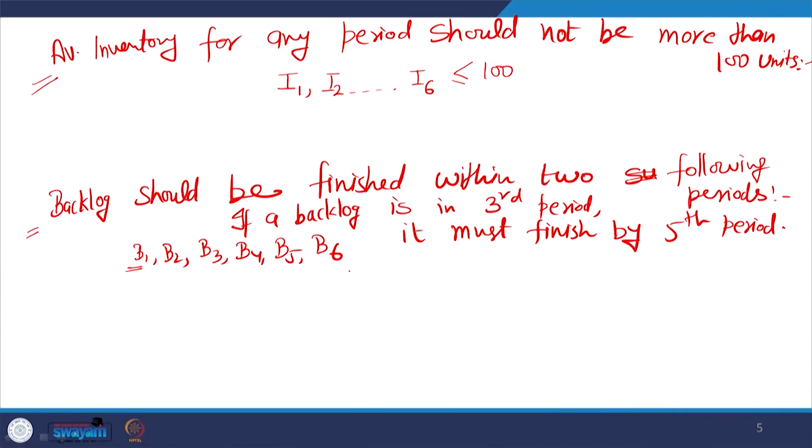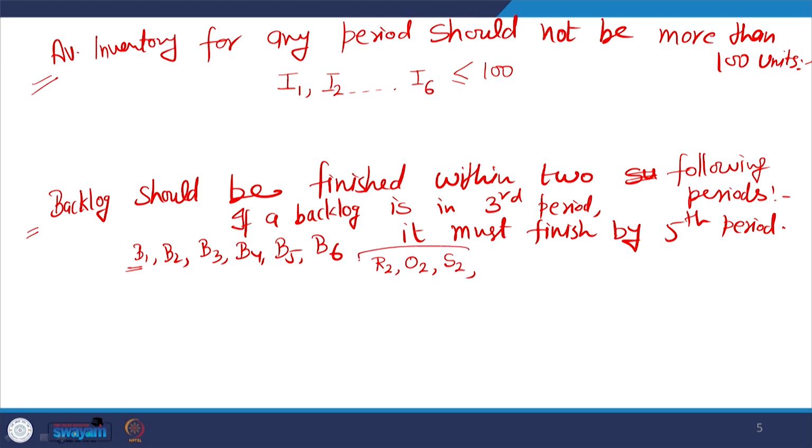So, if I am talking of B1 and the production in the second period is R2, then overtime is O2, subcontracting is S2.